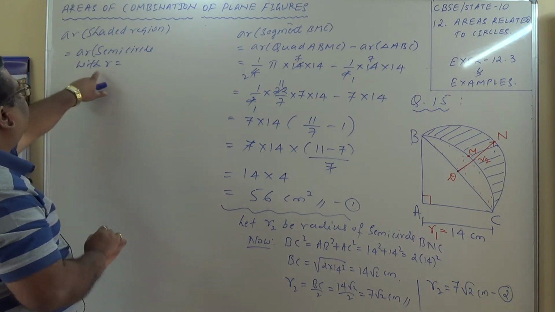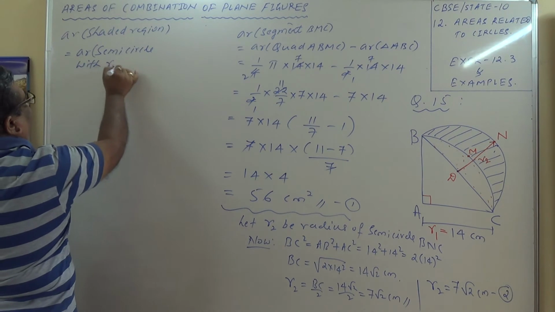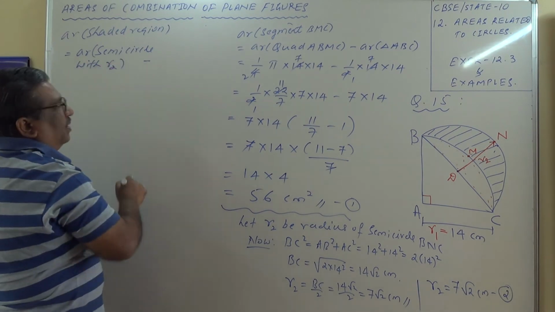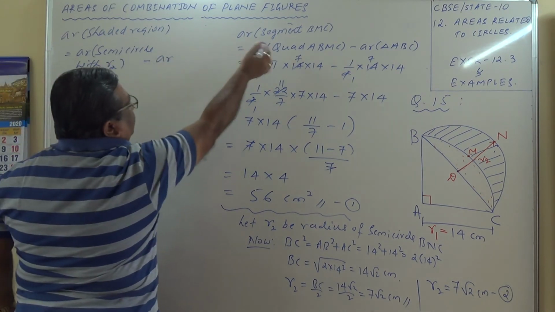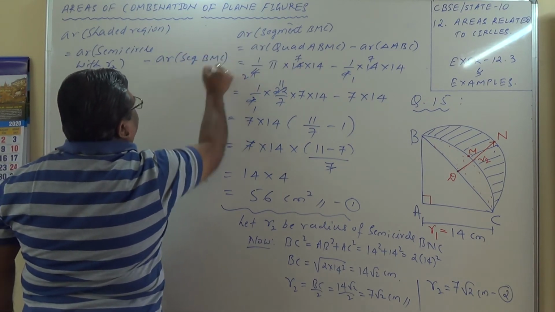Now area of the semicircle with radius R2 minus area of this segment BMC.